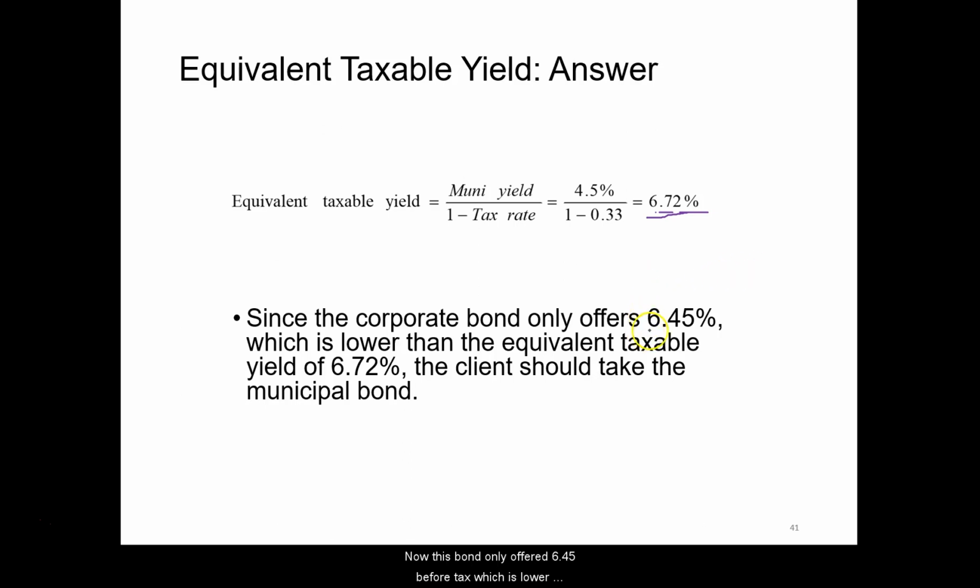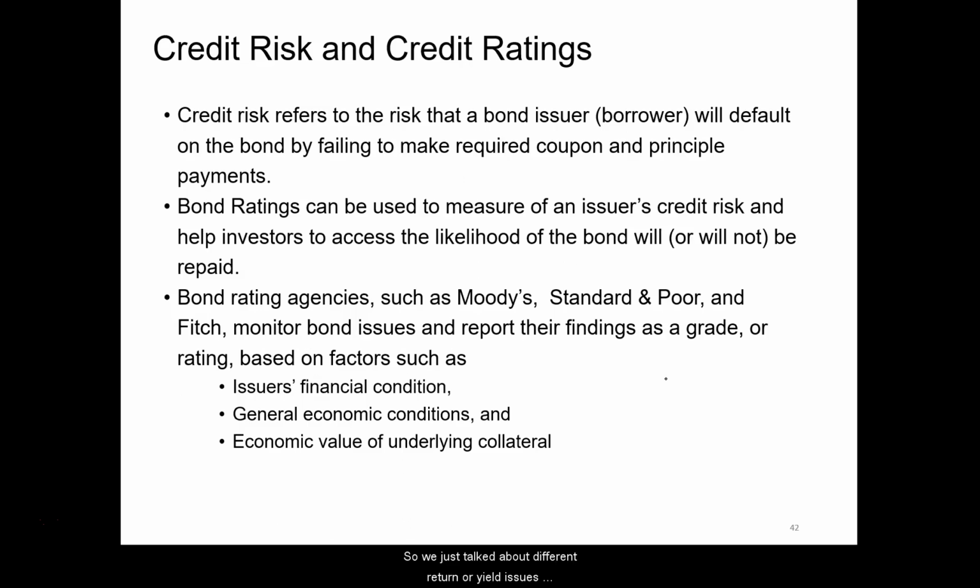Because this bond only offers 6.45% before tax, which is lower than this number, this corporate bond is just not good enough. The client should take the muni bond because after tax, the muni delivers a little bit higher return here. So we just talked about different return or yield issues for bond investments.